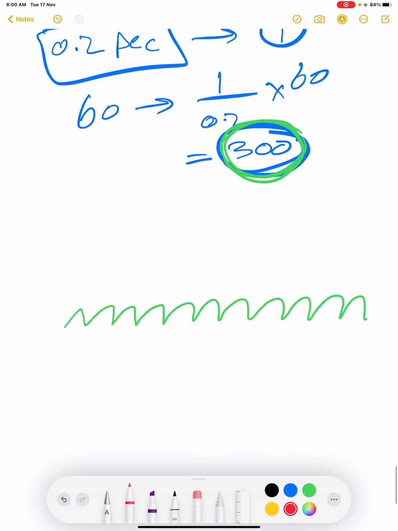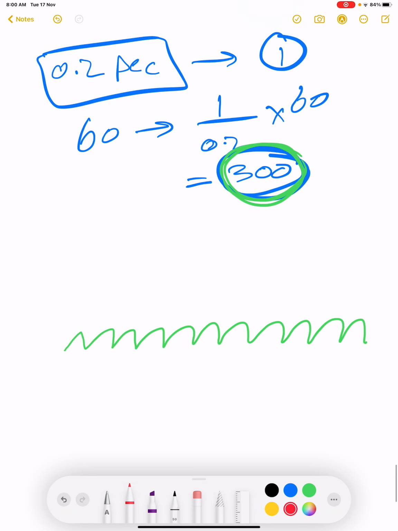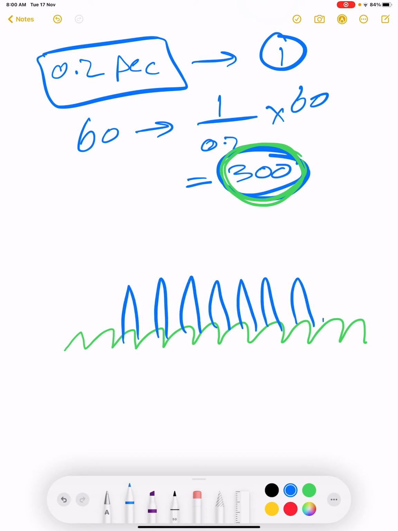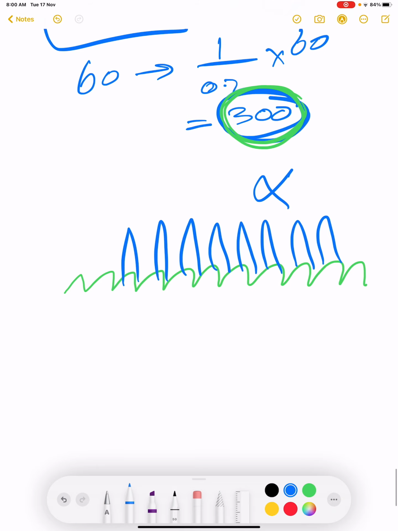So if in case the AV node is not working, then what will happen? All the P waves will be transmitted and we will have a ventricular rate of 300, which is impossible, and the ventricle will go into ventricular fibrillation.